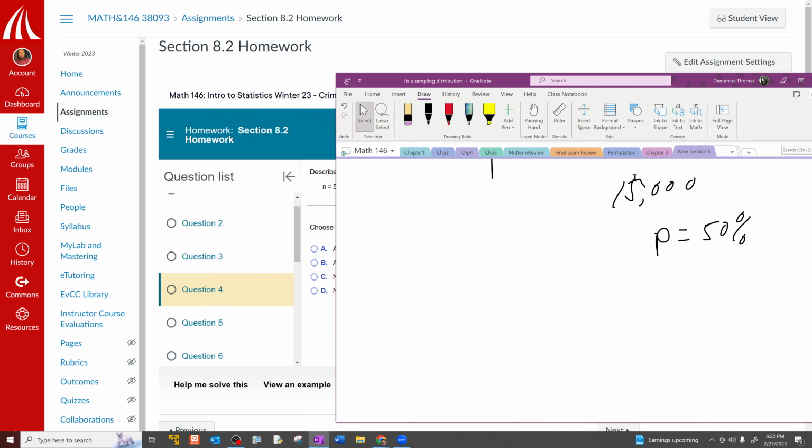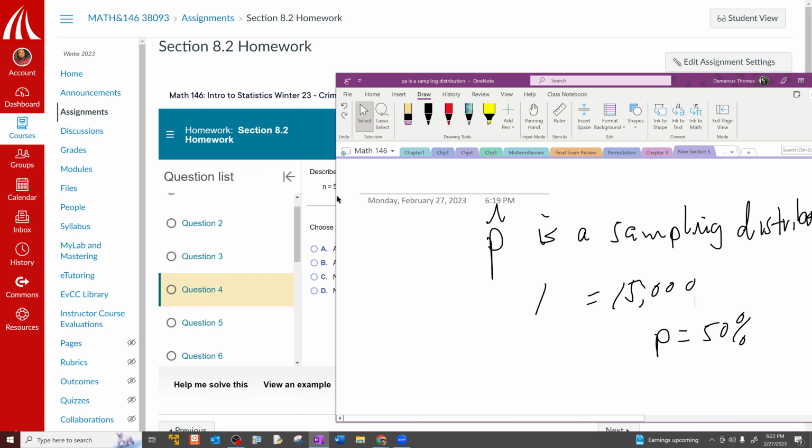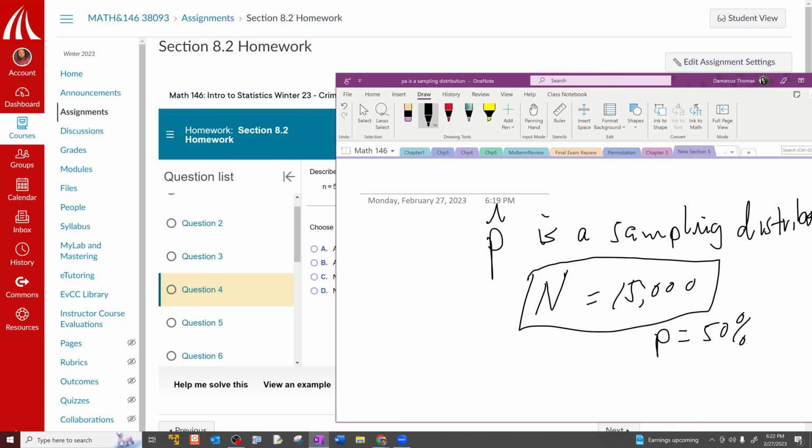Okay, so we have this gigantic population. It's pretty big, 15,000. Okay, and then we have some proportion out of the 15,000: 50% of them is one thing, the other 50% is not that thing.